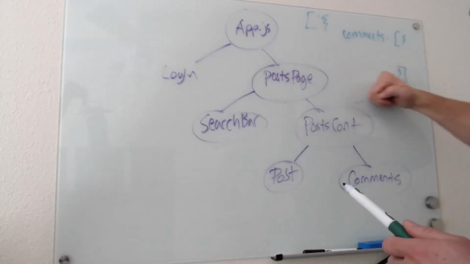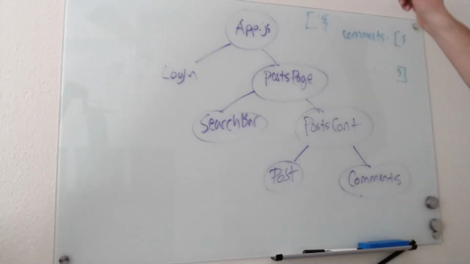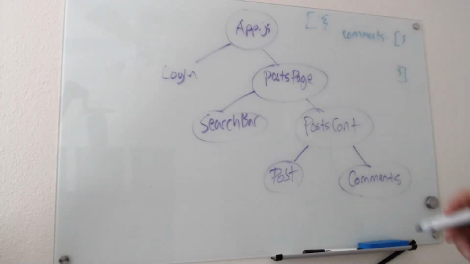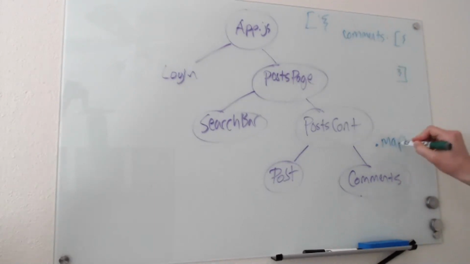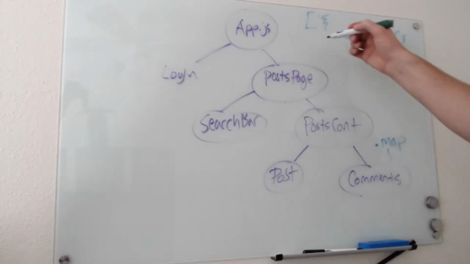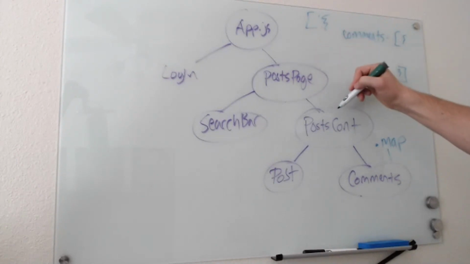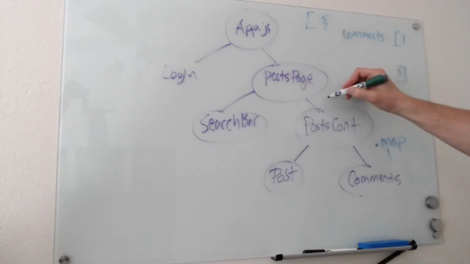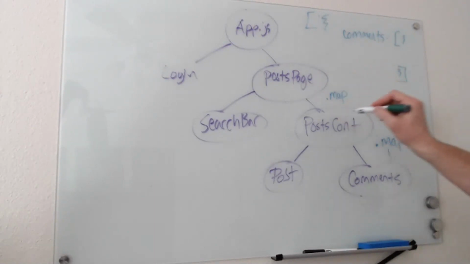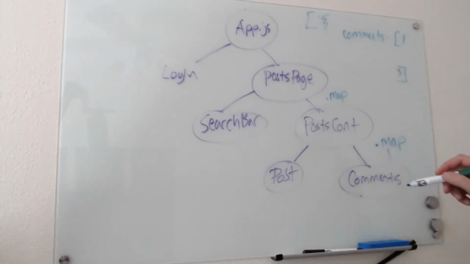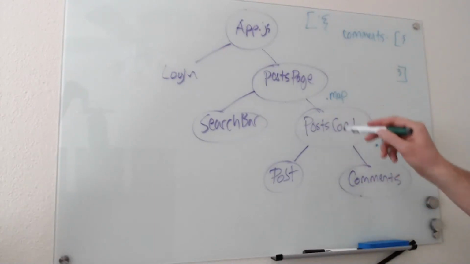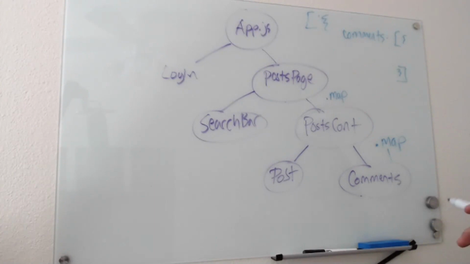So that's the important part that I want to get to, is we've got multiple posts that each have multiple comments. So I would come over here and I would do something like .map, and posts page has an array of posts, so I would .map, just to tell myself that there's going to be multiple post containers being rendered and multiple comments being rendered.